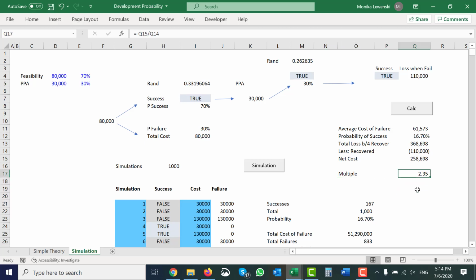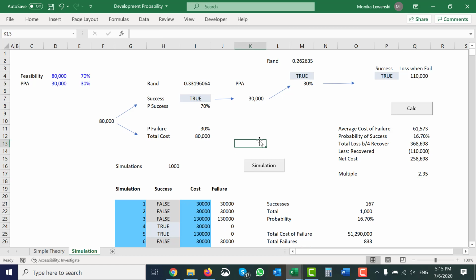So let's understand, in this case, what happens to the multiple. Now, in our last case, our multiple was only 2.35. So our total development fee should have been 2.3 times the development cost. And I just changed it, by the way, so whatever it was just before, I'll leave that. Okay. Now we're going to redo the simulation and see what we get next.